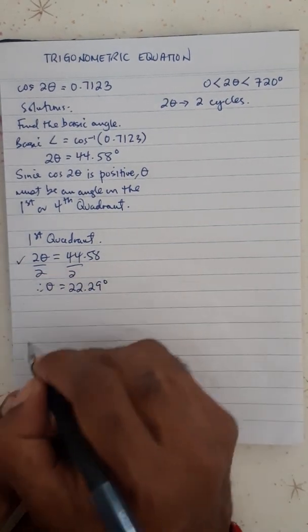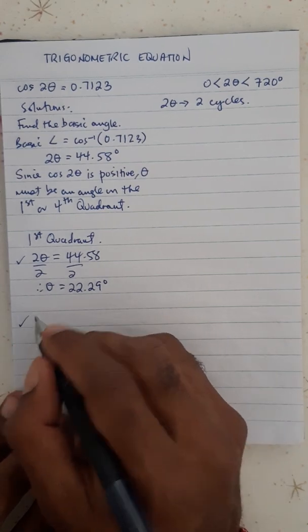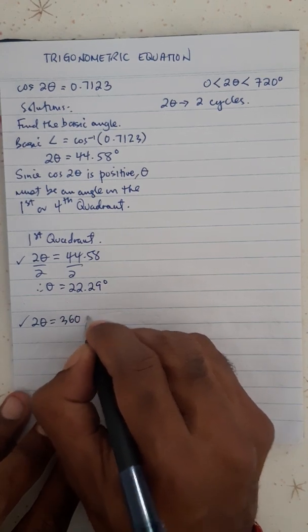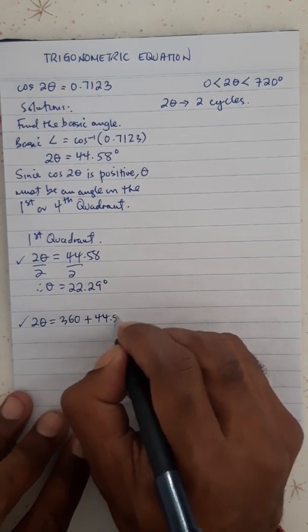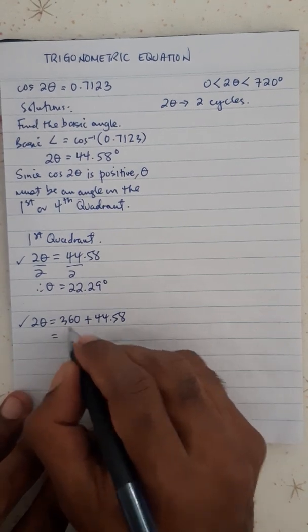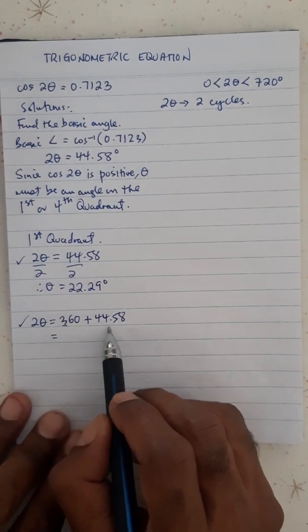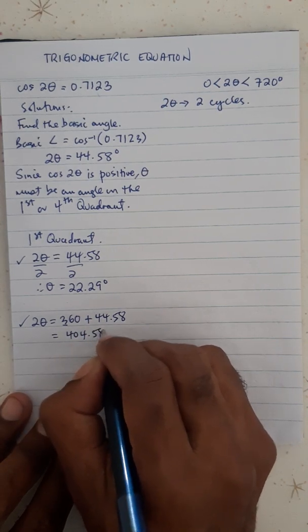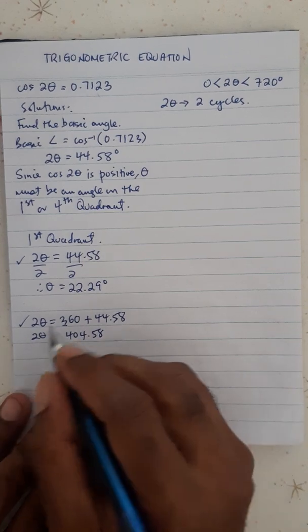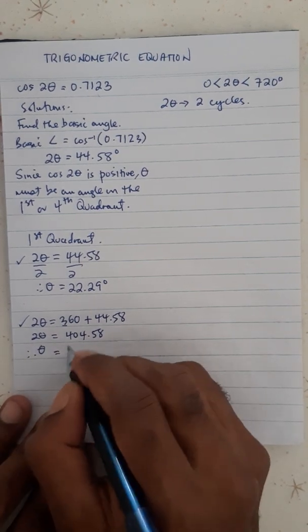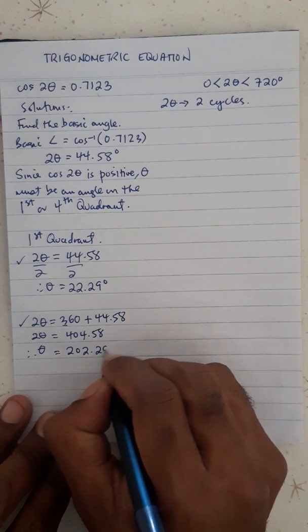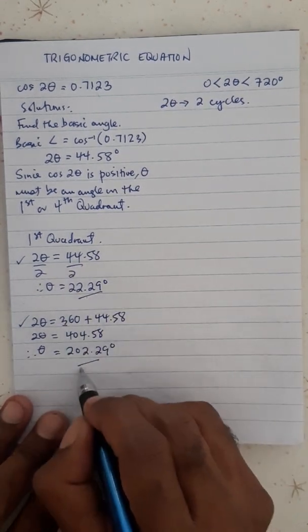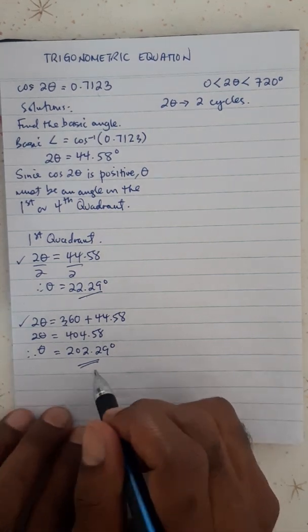In the second cycle, 2 theta is equal to 360 plus 44.58, the basic angle, because we are going through the second cycle, we are adding 360 to the basic angle. This gives me 404.58, dividing by 2 on both sides, theta gives me 202.29 degrees. So this is the angle in the first quadrant in the first cycle, and this is the angle in the first quadrant in the second cycle.